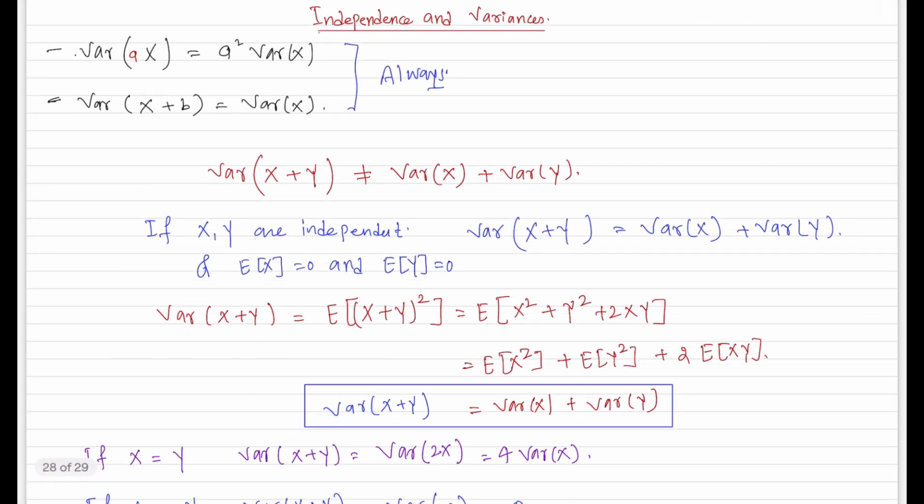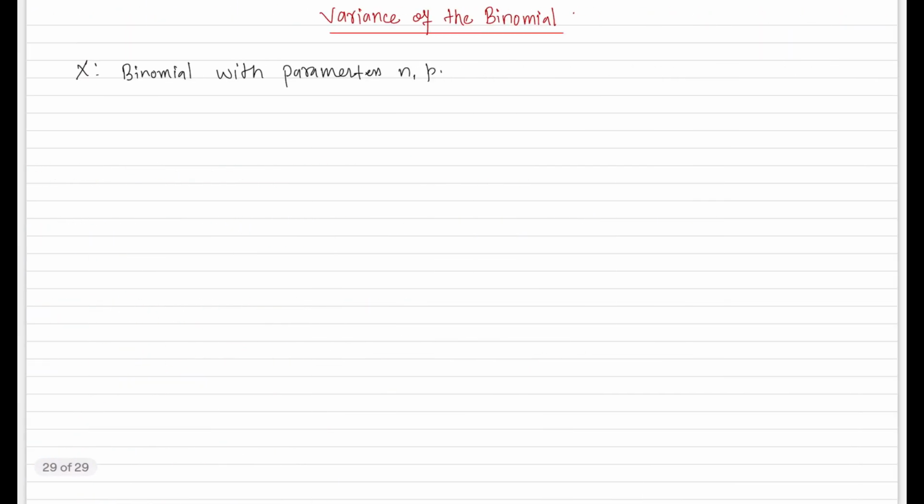Let's now use the properties of variance and try to find the variance of the binomial random variable. When we were discussing expectation, we also found the expectation of the binomial random variable. Now we will use the properties of variance to find its variance. I hope you are aware of what kind of experiment we deal with.